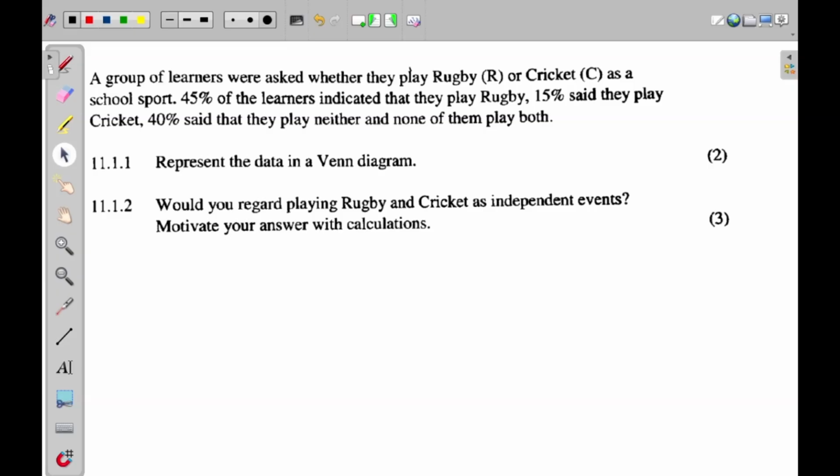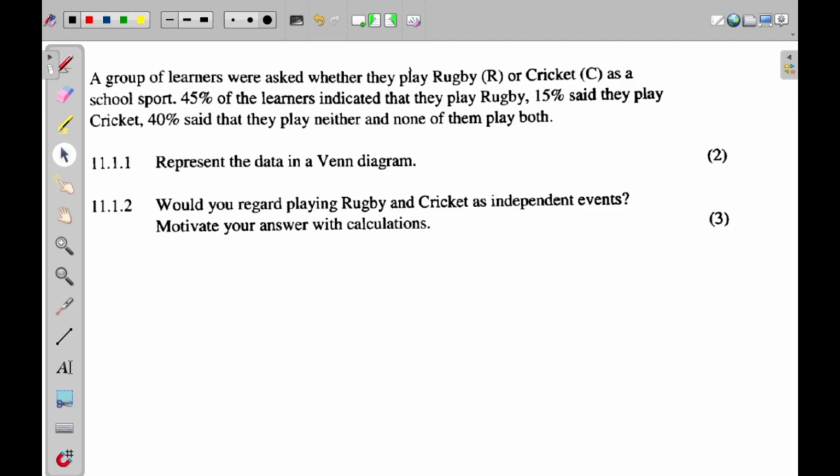So here you've got to know what 45% is in a decimal. 15% said they play cricket. 40% said they play neither, and none of them play both. None of them play both. That statement is not there for fun. It is telling you something. And I hope you caught what it is telling you.